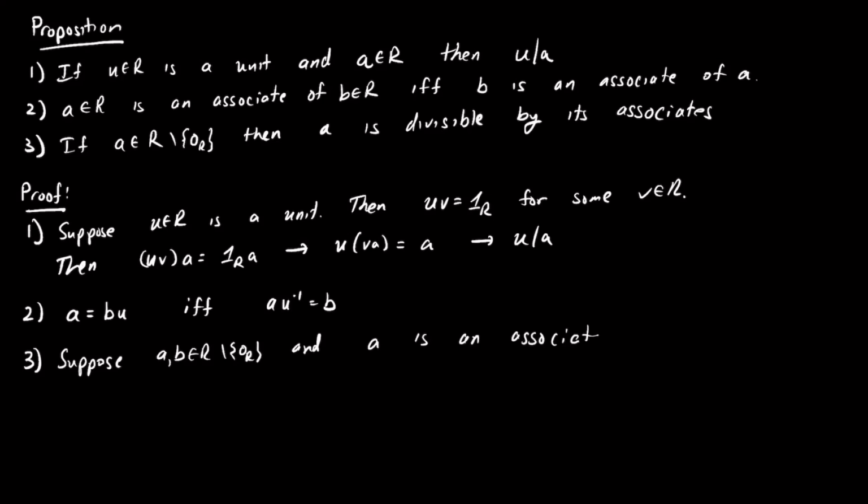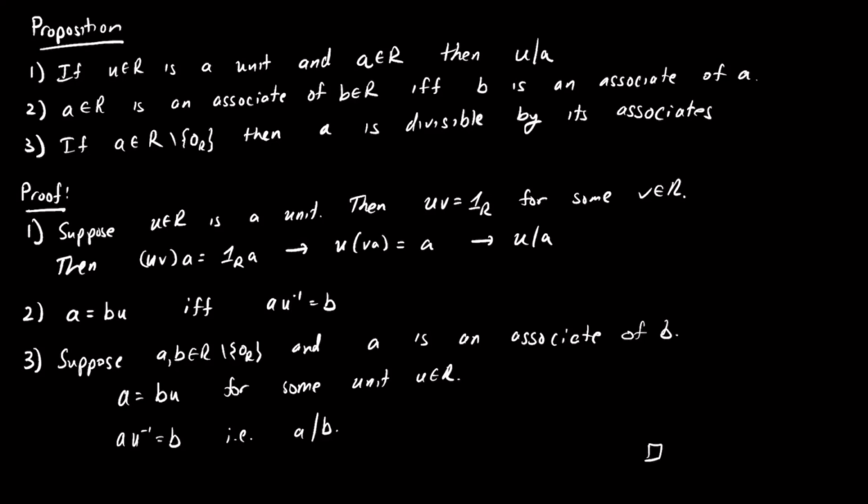Well, where does that lead me? That means that a is equal to b times u for some unit u in R. Well, what does that mean? That means that a times u inverse is equal to b. In other words, b divides a. Okay, and so that finishes the proof of this proposition.